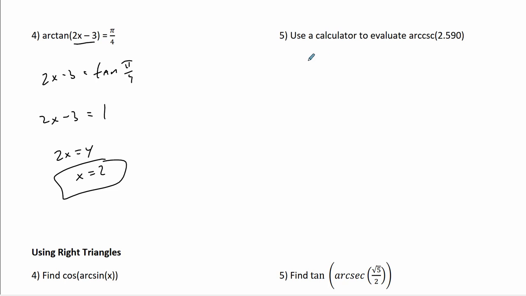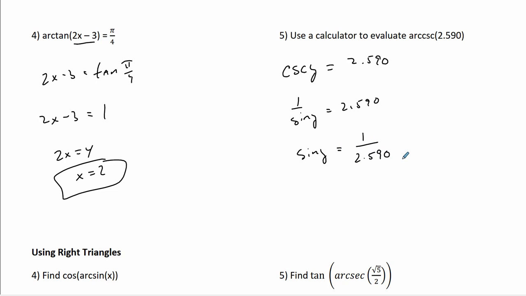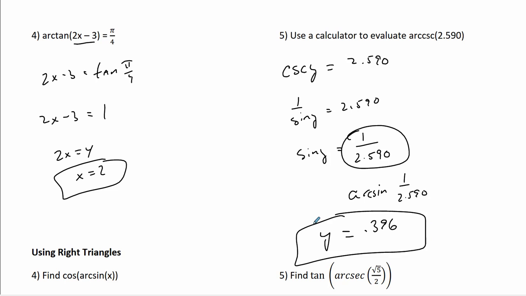If I take the cosecant of both sides, I get the cosecant of y is equal to 2.590, and therefore cosecant is 1 over the sine of y equal to 2.590, and therefore the sine of y is equal to 1 over 2.590. If I take the arc sine of 1 over 2.590, I'm going to get about 0.396.